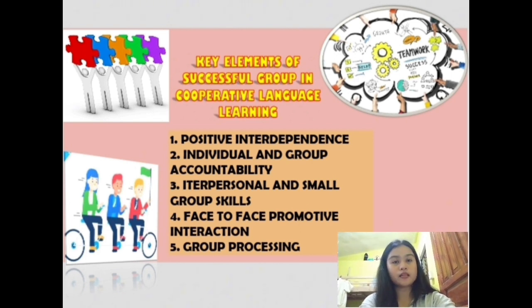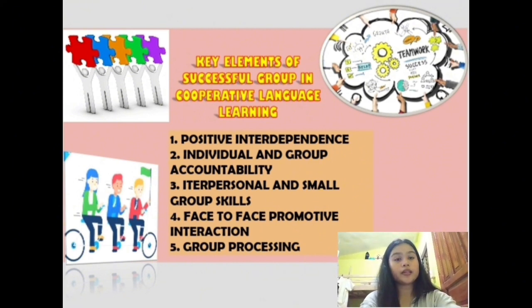Positive interdependence means the group has a clear task or goal, so everyone knows they sink or swim together. The efforts of each person benefit not only the individual but also everyone else in the group. The key of positive interdependence is committing to personal success as well as the success of every member of the group.